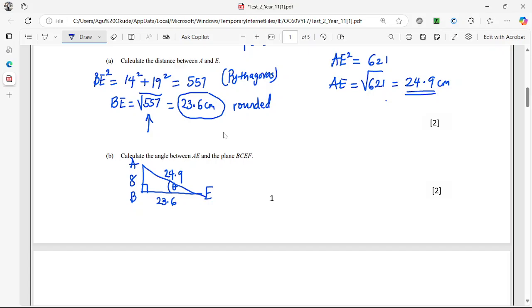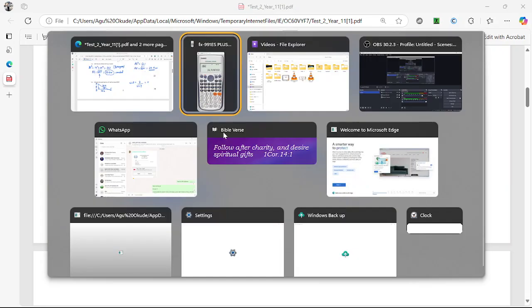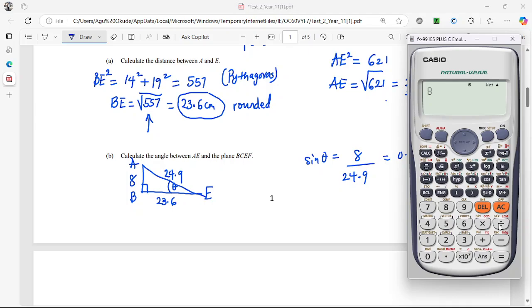So let me use sine. I have sine theta is equal to opposite, 8, over hypotenuse, 24.9. So divide 8 by 24.9, and I have 0.3210.